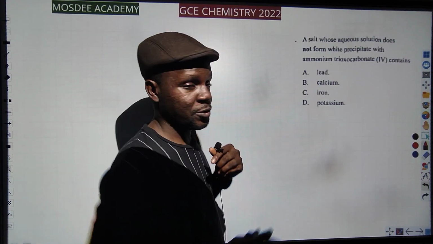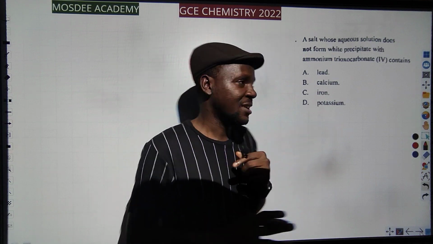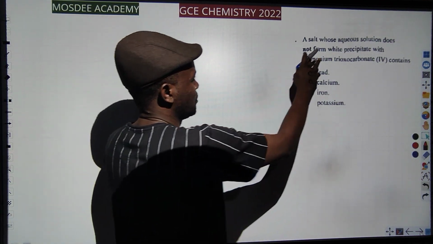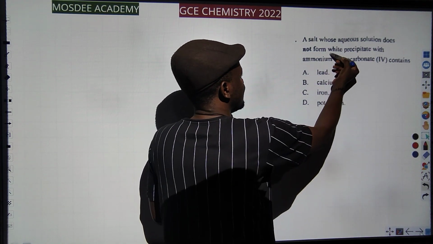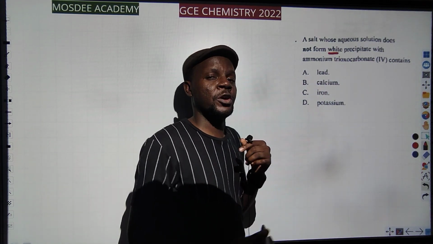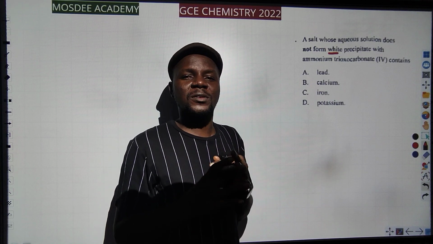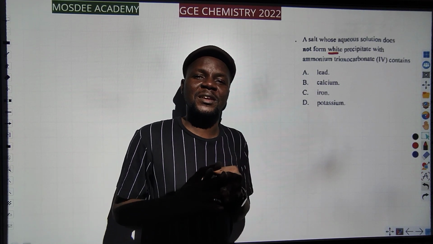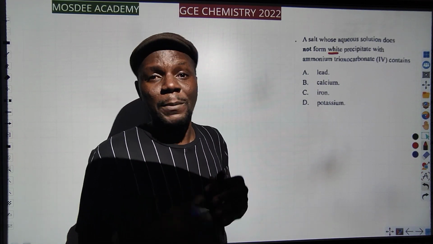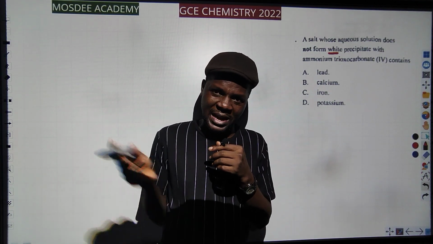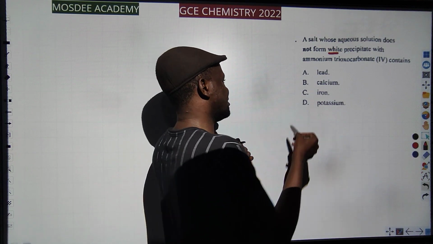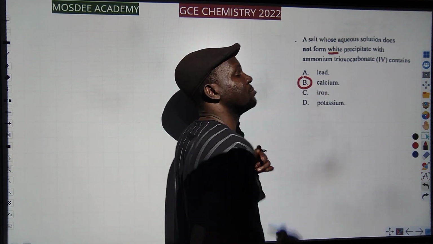This is also qualitative analysis. What is the question? A salt whose aqueous solution does not form a precipitate with ammonium hydroxide. The only salt that does not give any precipitate with ammonia, even in the beginning of your analytical chemistry, is nothing but calcium.